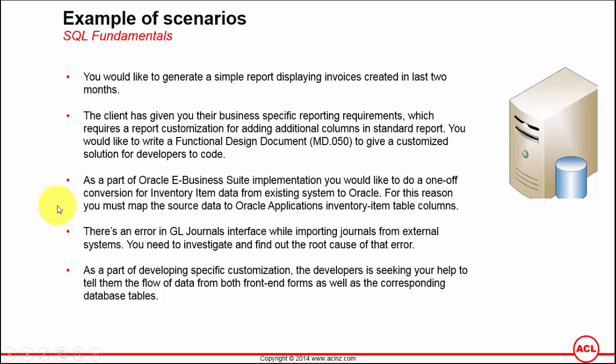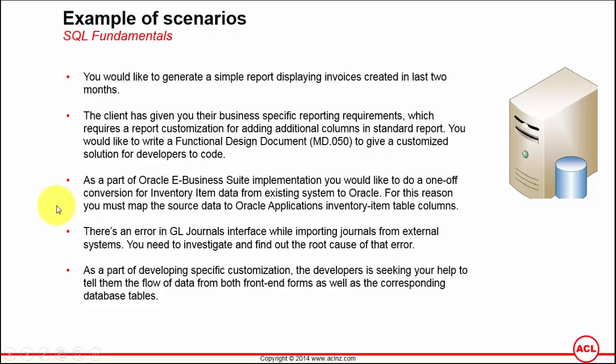The third scenario is that, as a part of an Oracle E-Business Suite implementation, you would like to do a one-off conversion of inventory item data from the existing system to Oracle. It's a data conversion that must be done as a part of going live on the E-Business Suite application environment. For this reason, you must map the source data to the Oracle applications inventory item table columns.